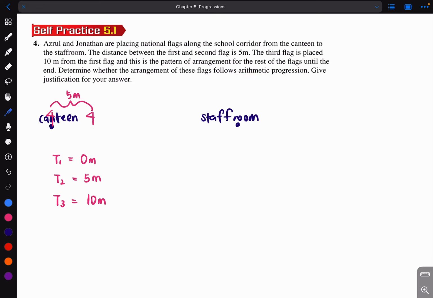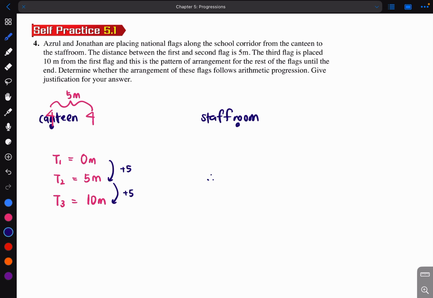Give your justification. Okay. To check if this is arithmetic or not, we need to find the difference between this and this, and this and this. So obviously, here to here, plus 5 meters, and here to here also plus 5.